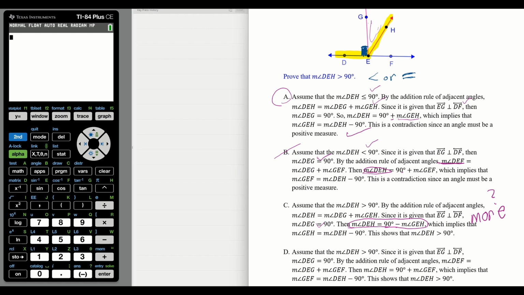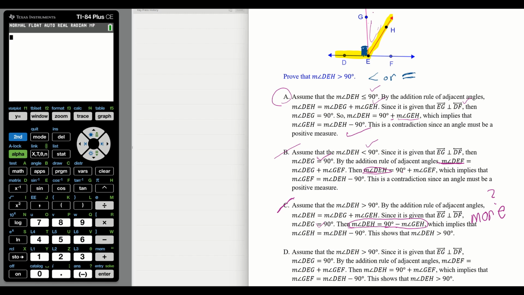Where's the rest? There's more. Doesn't make sense. You can't just jump like that. You have to show why you can subtract that angle from 90. And this implication, no. I can't go with that at all.